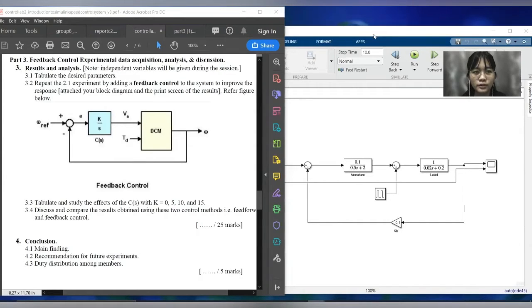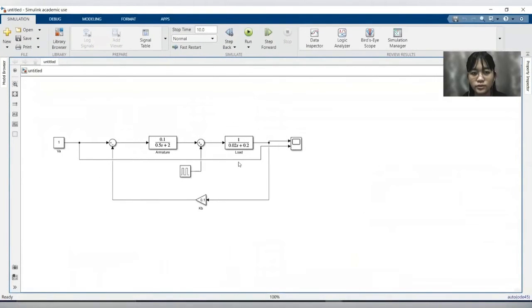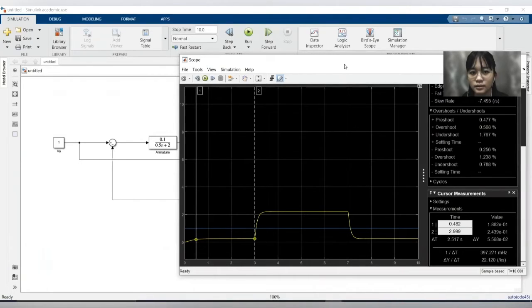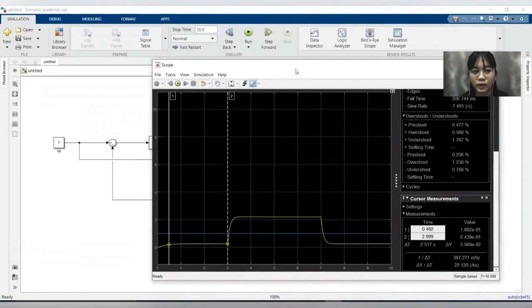For this lab part number 3, I'm going to explain 3.4, discuss and compare the results obtained using two control methods, which are feed forward and feedback control. This is the feed forward block diagram that we have done in the previous lab, and this is the output graph from the feed forward block diagram.